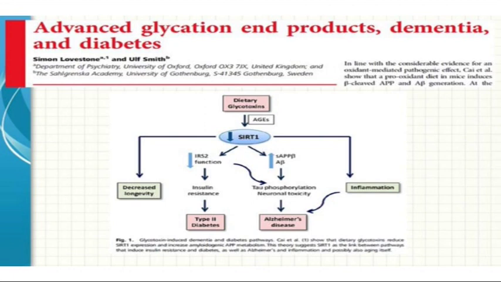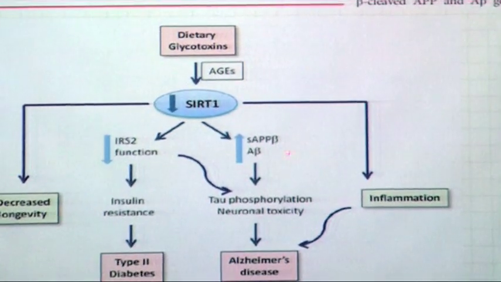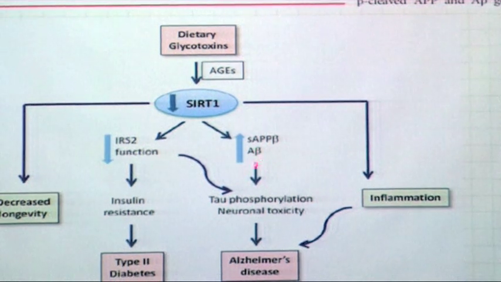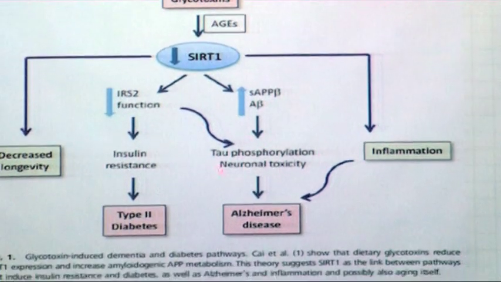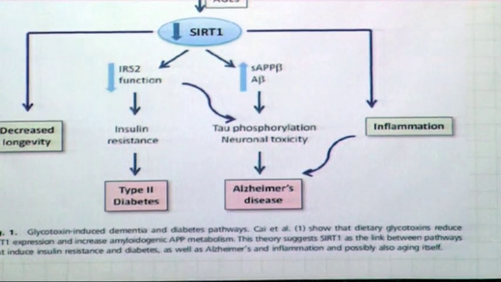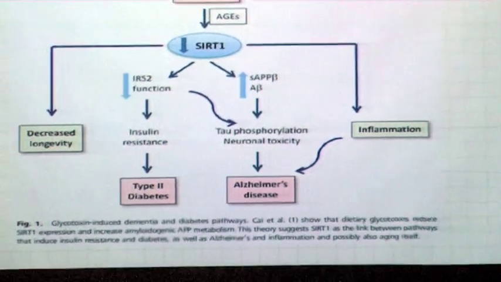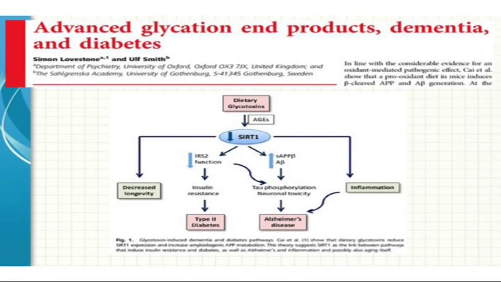On the other side, the impairment of this protein will increase the formation of this mutated protein, the tau protein, and will phosphorylate it and induce direct neuronal toxicity, which causes cognitive impairment. And of course, inflammation supersedes the whole mechanism. So there is a metabolic link to the formation of these proteins and disease induction.